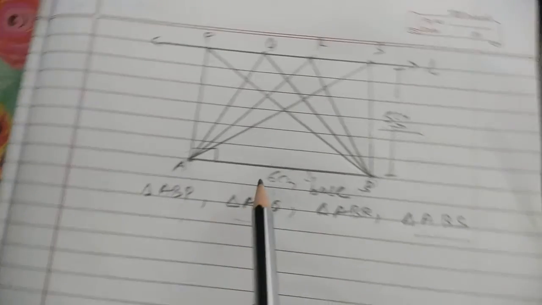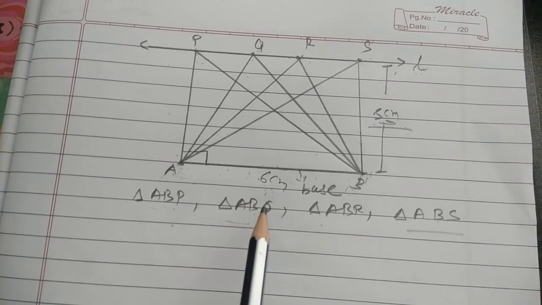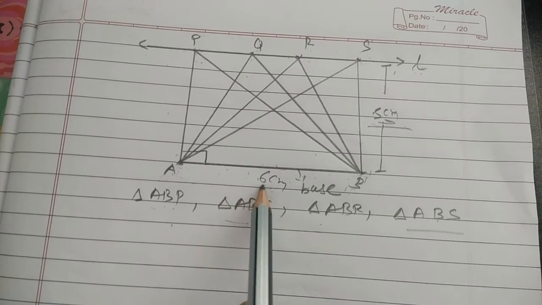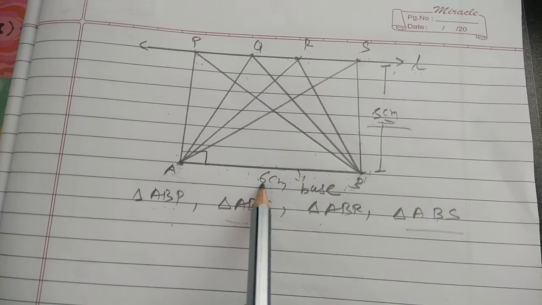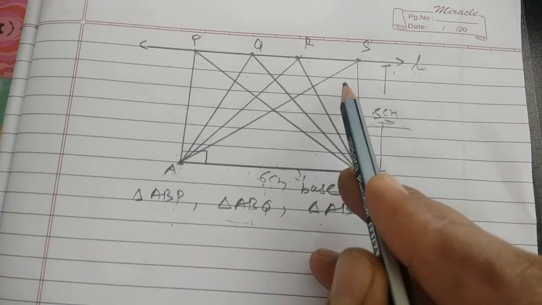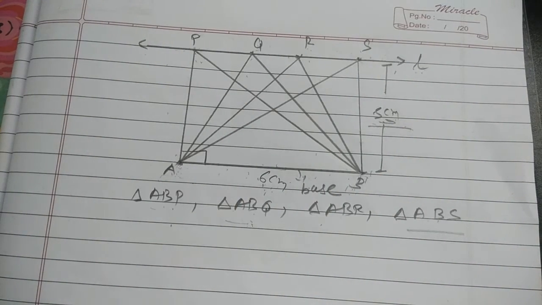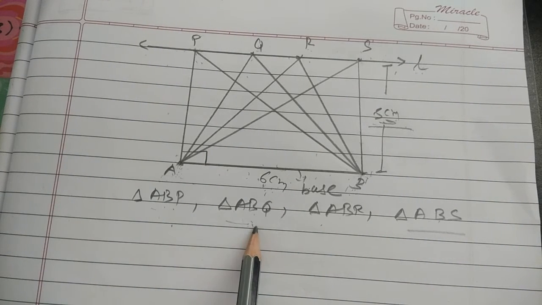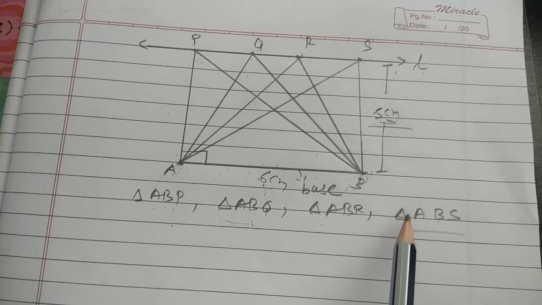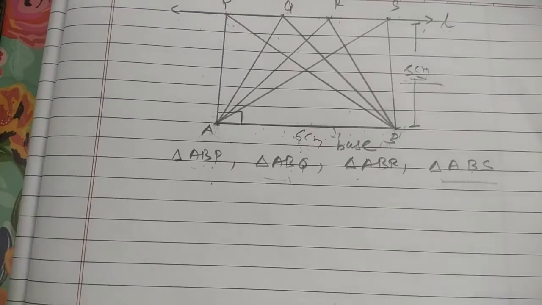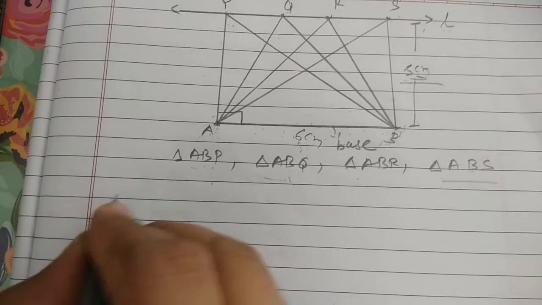And when we find the area of all these triangles, we will get the same area, as they have the same base 6 centimeter and same height 5 centimeter. So we get the same area for triangle ABP, ABQ, ABR and ABS. How much do we get? We can find it for only one triangle, triangle ABP.